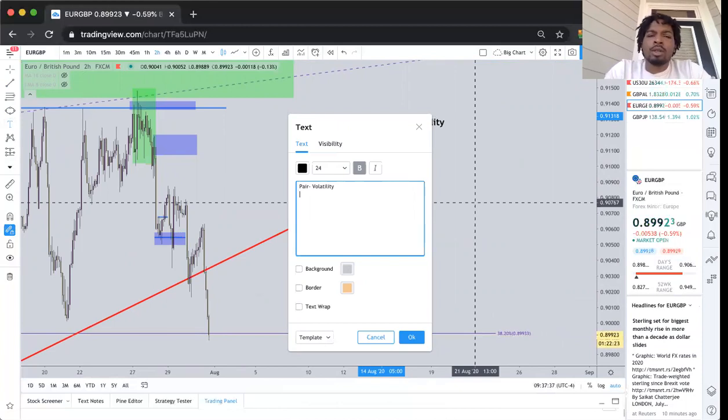Also, time session. What time are you actively placing your orders? You understand what market structure is saying always? Where are your entry base points?